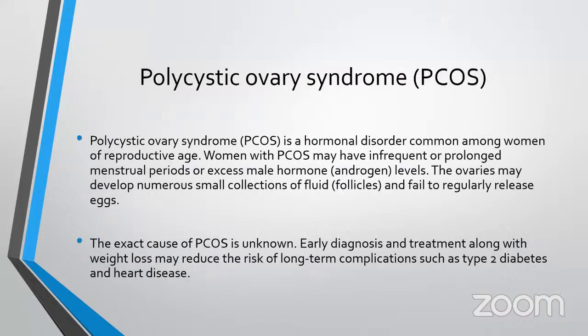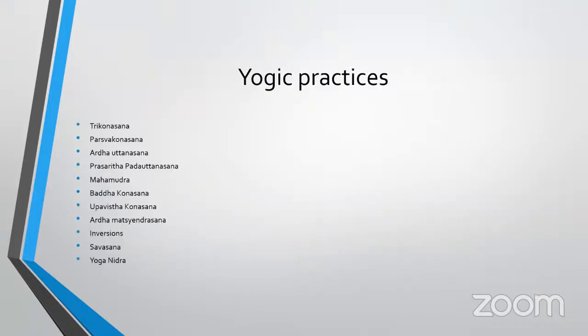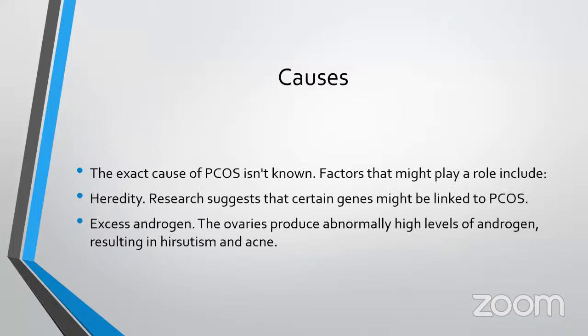And another condition, polycystic ovarian syndrome. It is a hormonal disorder, wherein they may have infrequent or prolonged menstrual periods. The cause is unknown. So now let's see how to approach with yogic practices.